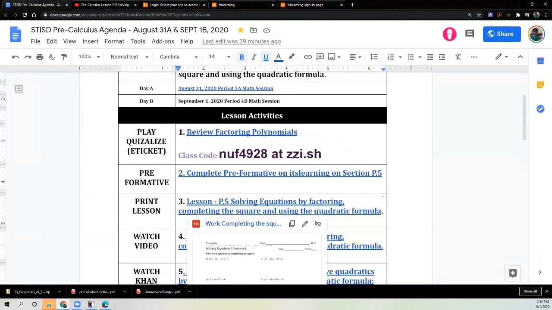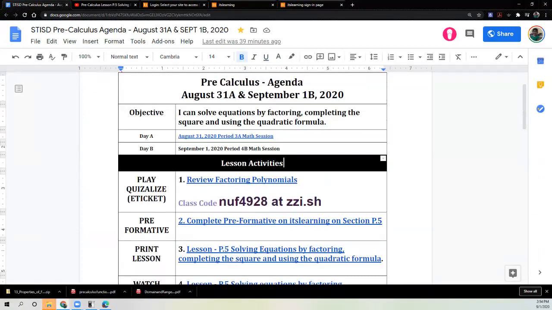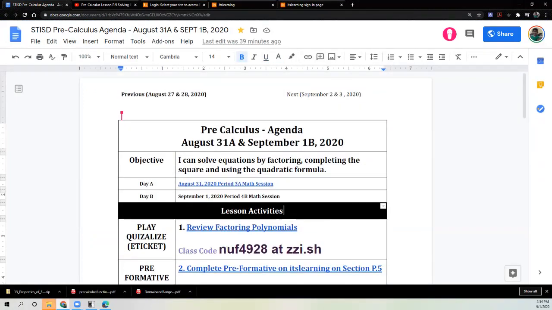Hopefully all of you know your averages. I did post your average. If you have any questions about grades, please text me on Remind or on the group chat, or send me an email. Are there any questions about your assignments?